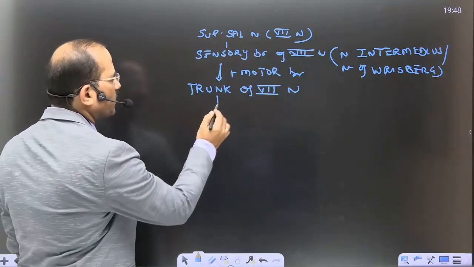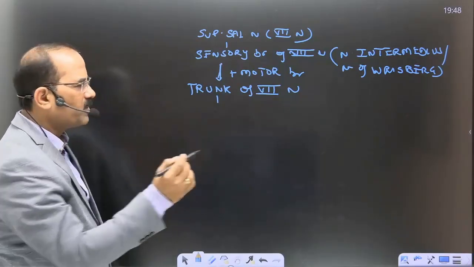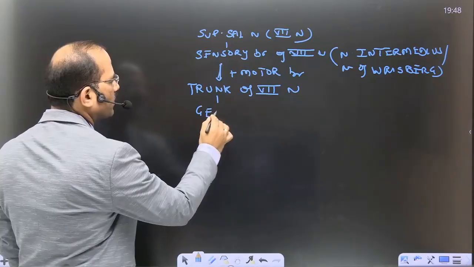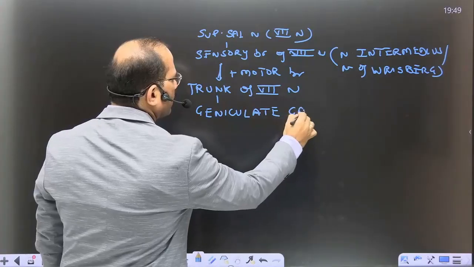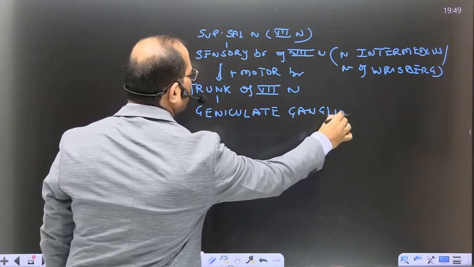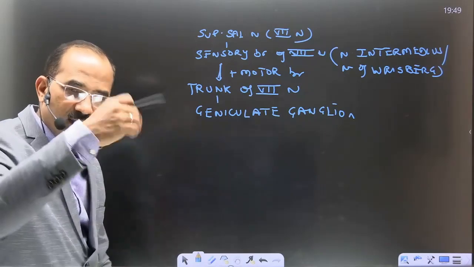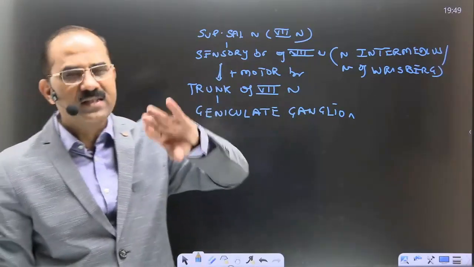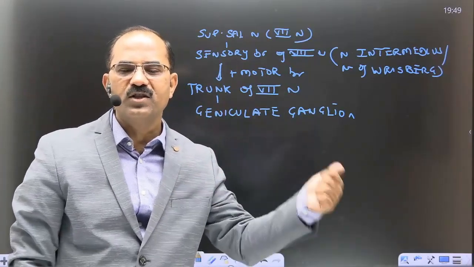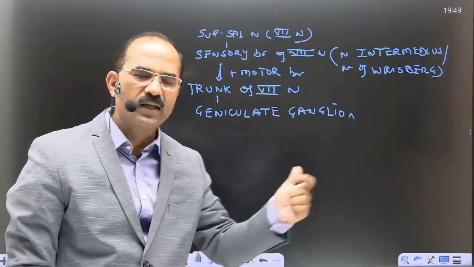The genu. And this genu is a bend, but we call it the geniculate ganglion. So the trunk of facial nerve enters the internal acoustic meatus, enters the internal ear, bends, comes in the middle ear. That's the genu. This is what we call the geniculate ganglion.